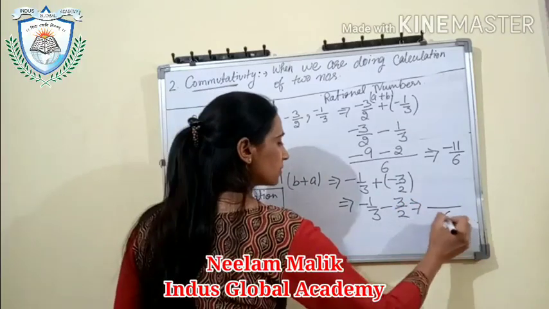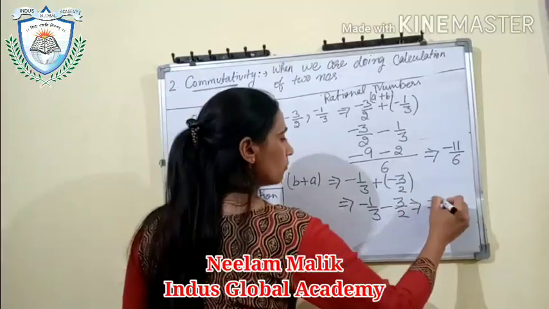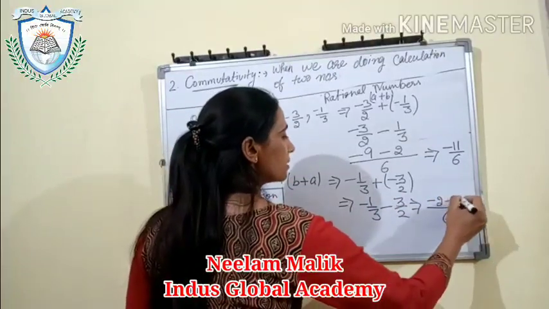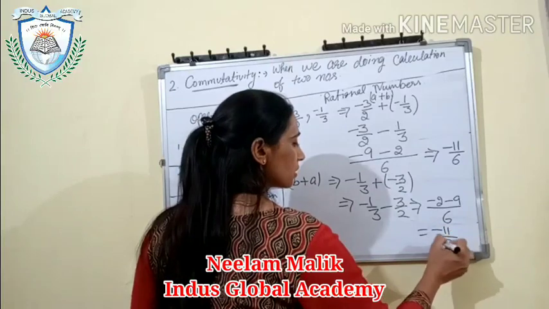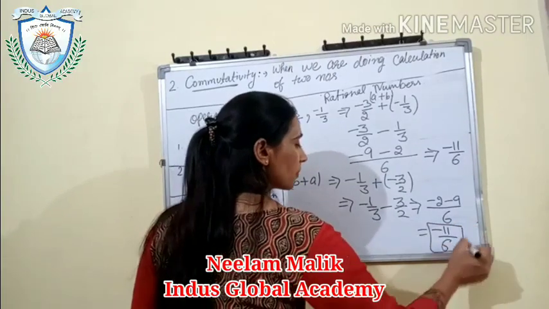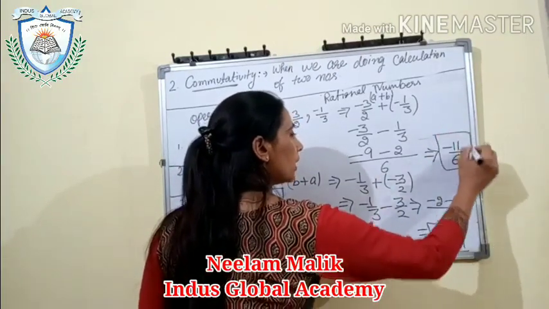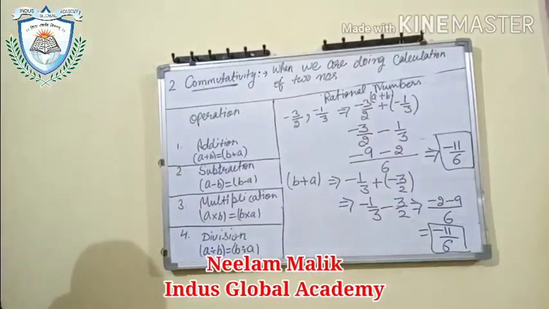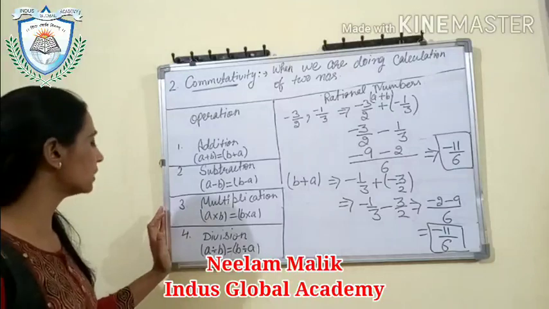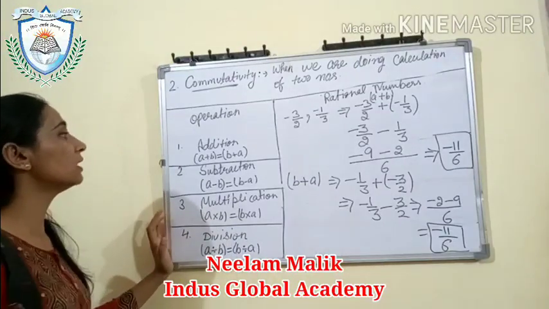LCM will be 6. It will be minus 2 and it will be minus 9. That will be minus 11 upon 6. So this and this both are same. So we will say here rational numbers are commutative under addition.